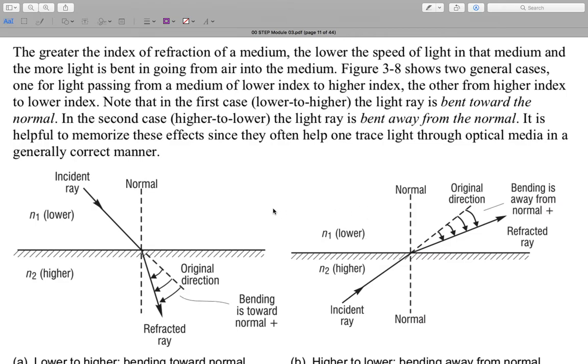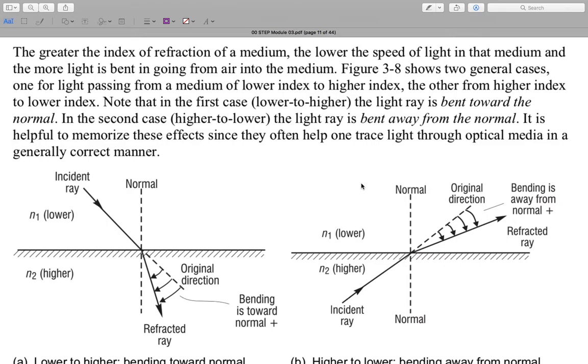Note that in the first case, lower to higher, the light ray bends toward the normal. You can see this in the refracted ray, which is toward the normal. And in the second case, higher to lower, the light ray is bent away from the normal.